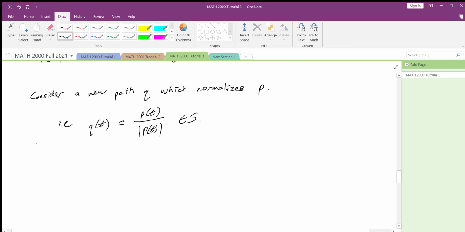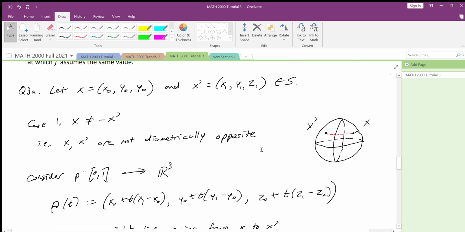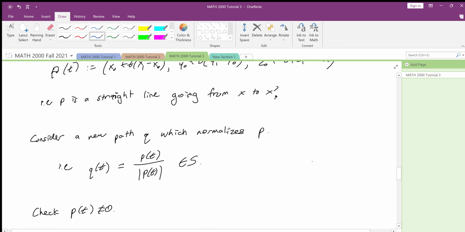So we'll quickly check it's well defined, that is, P of t is never equal to 0. And we know that it will never be 0 because the points I picked, x and x prime, are not diametrically opposite. Then the straight line joining them will never have any reason to go through the origin.